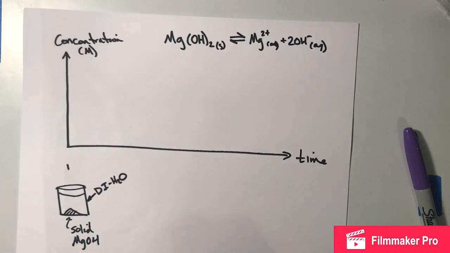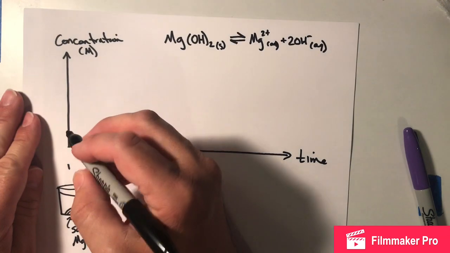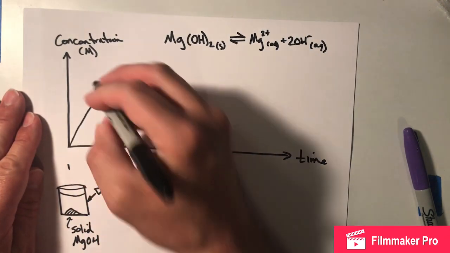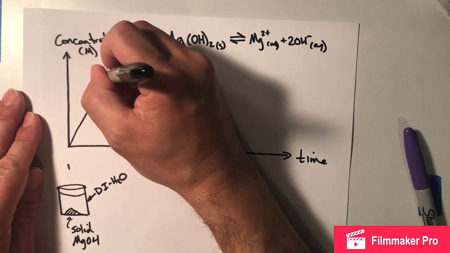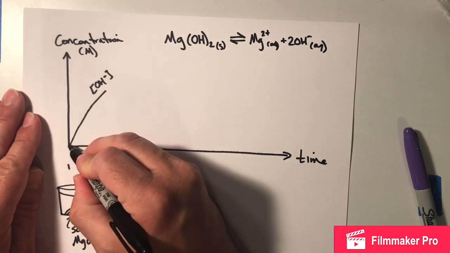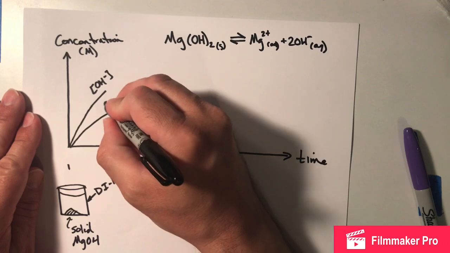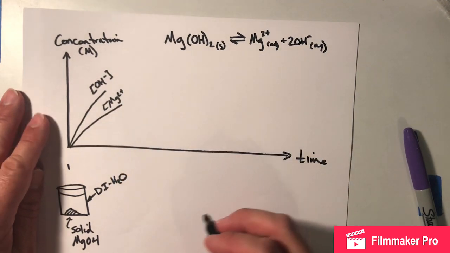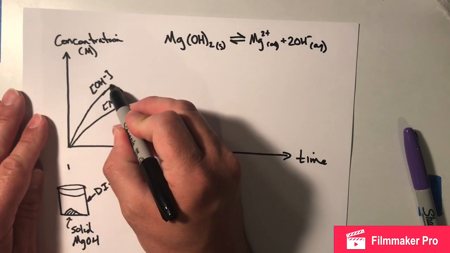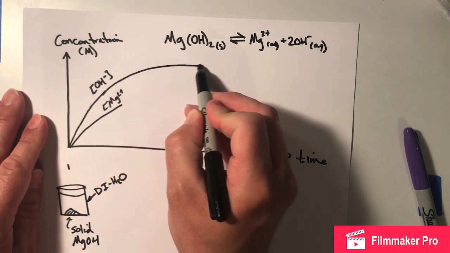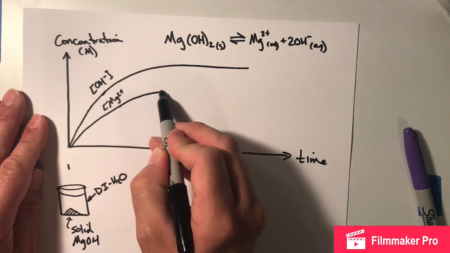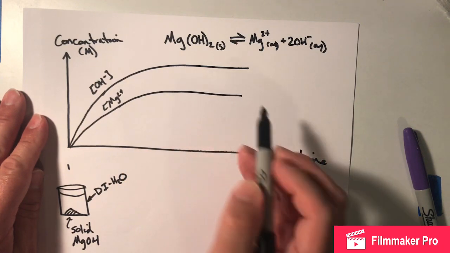What we would see is that as time went on, both the hydroxide concentration and the magnesium concentration would grow over time. Those would go up as time progressed, and they would slowly approach some limit, some asymptote of concentration.